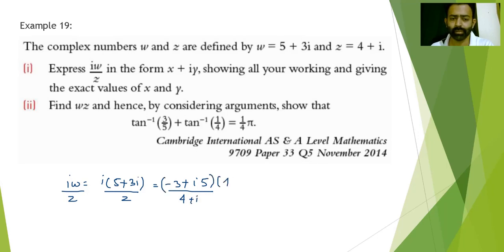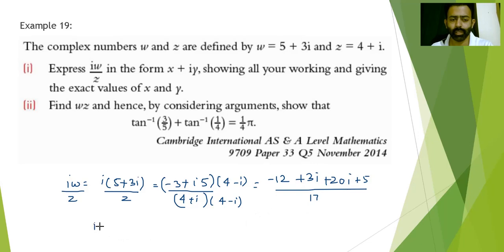Multiplying this with the conjugate of the denominator, which is 4 minus i, okay. So minus 3 into 4 is minus 12, minus 3 into minus i is plus 3i, then this will be plus 20i, and then minus 5i squared, which is plus 5, divided by 16 plus 1 will be 17, okay.